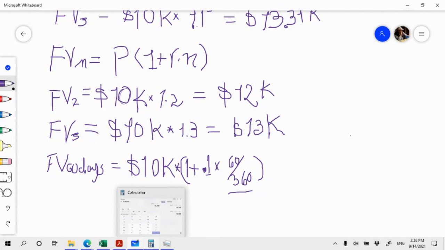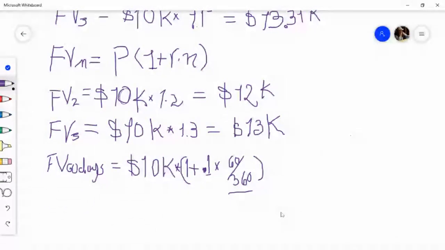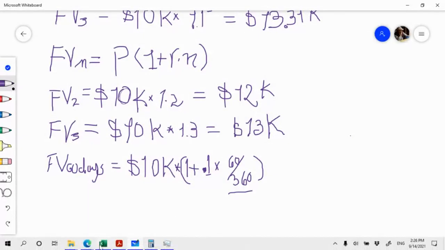Why is it called ordinary? Because that's the most commonly used year, for simple interest calculation, unless otherwise indicated. The default is the ordinary interest year.